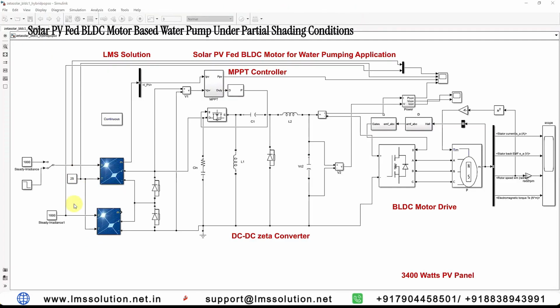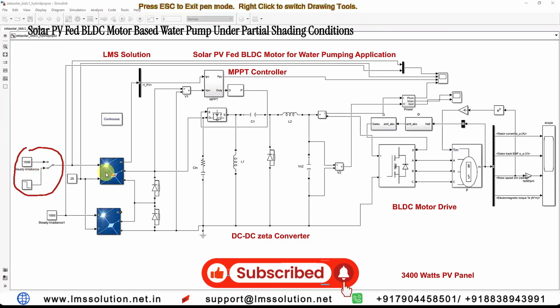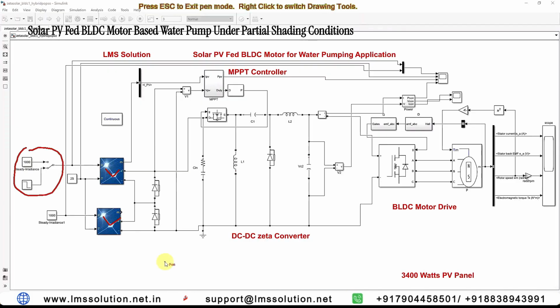Here we have provided the irradiation for the panels with two logics. One is the steady irradiation condition, that means uniform: we fix 1000 for both the first panel and the second panel, the same irradiation. That is the uniform irradiation condition. When you fix a different irradiation level for each panel, it is known as non-uniform, otherwise called partial shading condition.